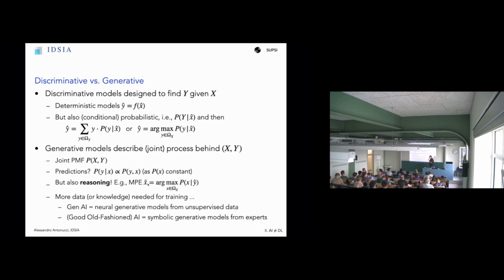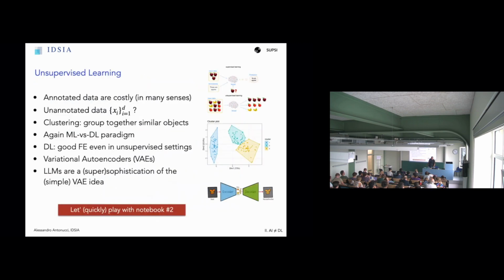Okay, and the term generative AI is very popular nowadays. All the big achievements are generative AI, and this is definitely true. These are definitely generative models, but they are based on a somewhat different idea.